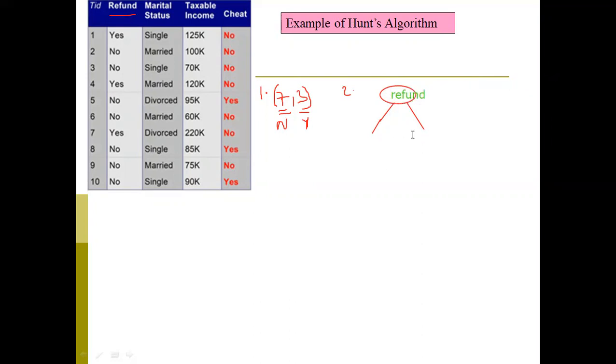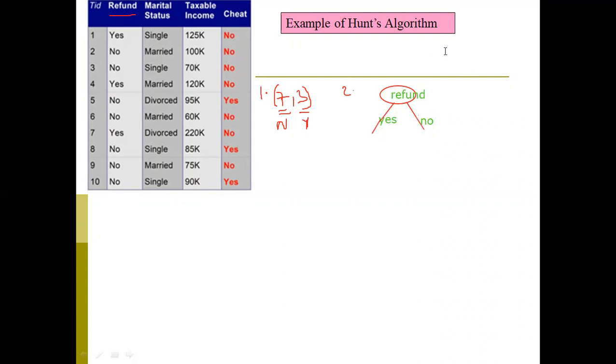And what are the branches you have under the root node? One is yes, second one is no. Only 2 data objects are there under the refund attribute. Here I am going to consider this branch as yes and this branch as no.